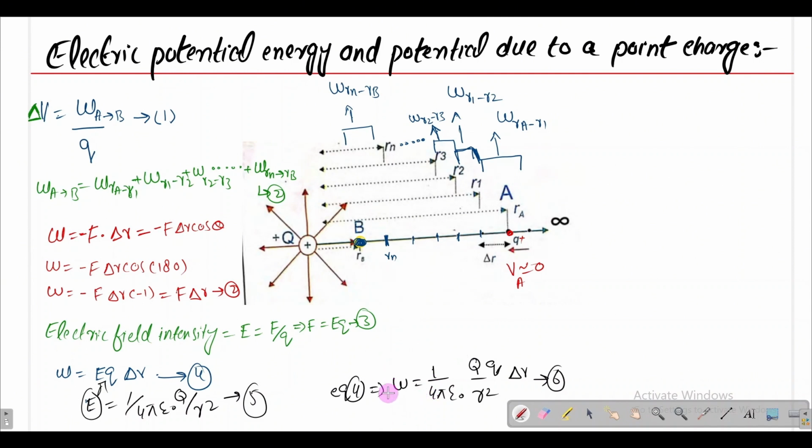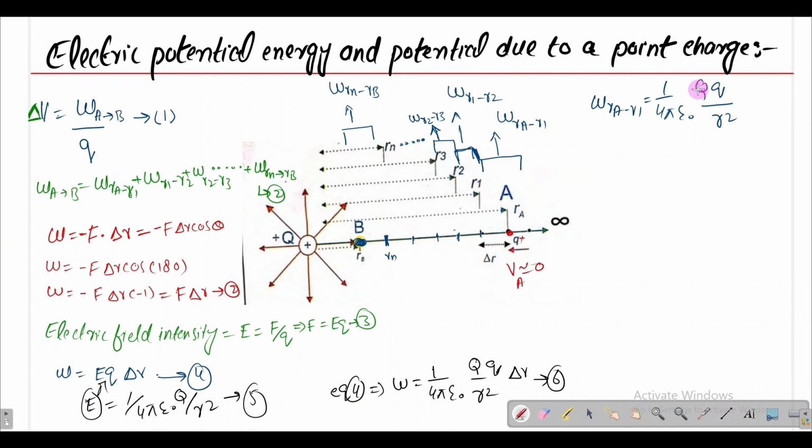Now we will specify this equation for this first step, then for the next step, going up to the last step. For equation 6, the first step is the work done from RA to R1, which is given by this equation: 1 over 4 pi epsilon naught Q, this Q, divided by R square.